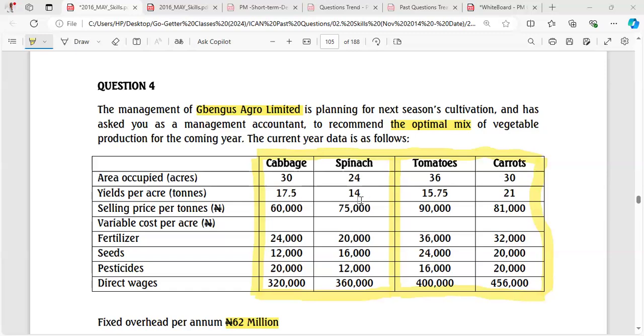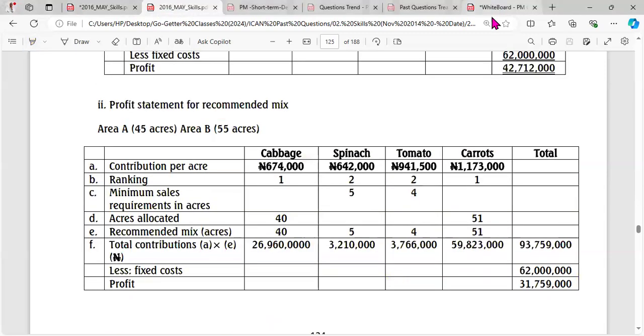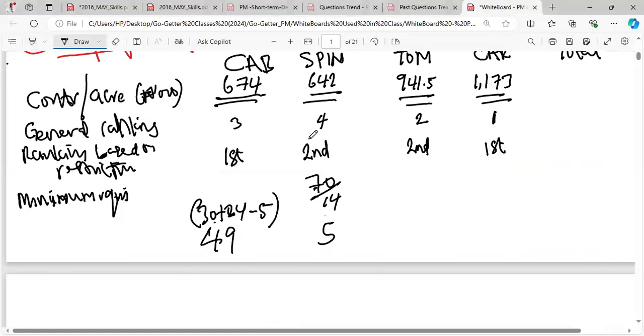So we know that we are going to do spinach second. And because we want to do spinach second, we were told that the minimum we can do for any of these two is 70 tons, right?